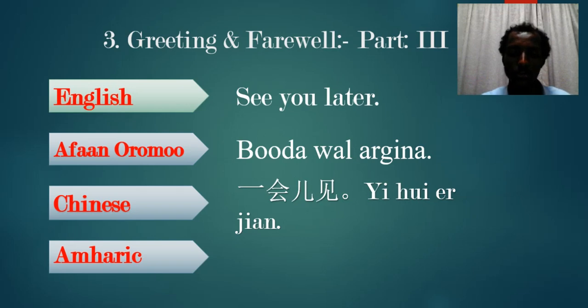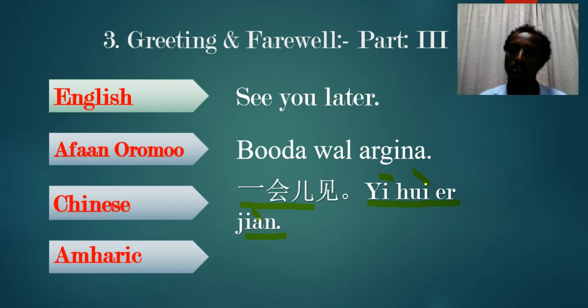Yihuir jian. Yi means one. Jian contains the fourth tone. Yi contains the first tone. And we don't need to write er, but for more clarity I already added it over here.